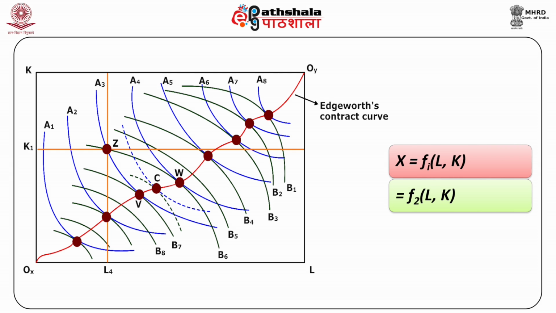Now, excluding the point Z because it is not an optimal point, we pick up all those points at which the two isoquants A and B as a family of isoquants are successively in tangency with their paired isoquant. Therefore, as we have said, there are pairs. One pair, please notice, is A5 and B4. Similarly, you have A7 and B2, you have A4 and B6.